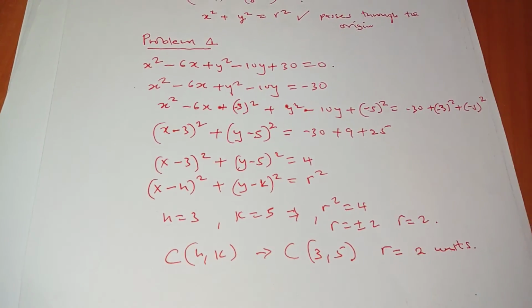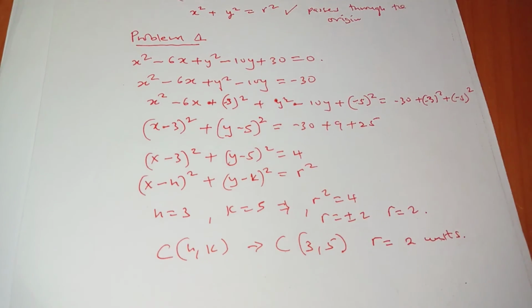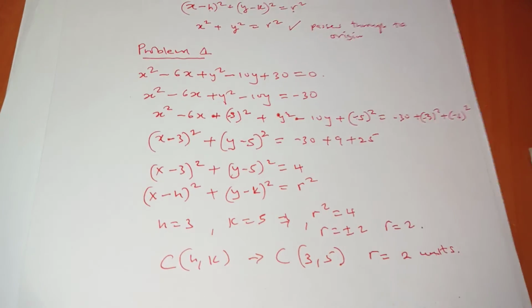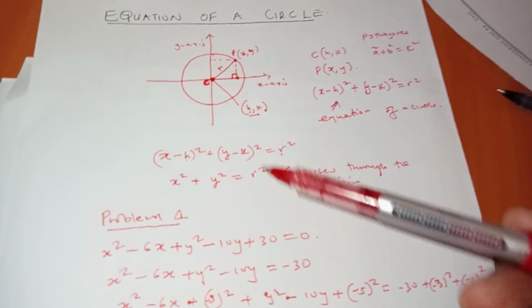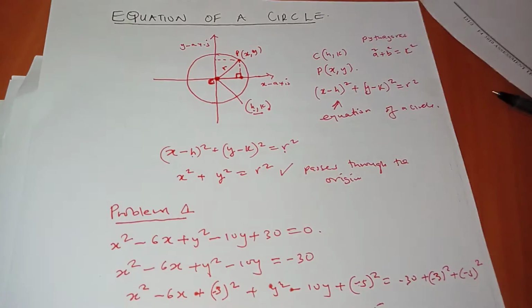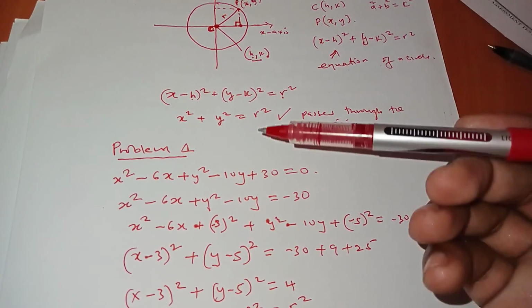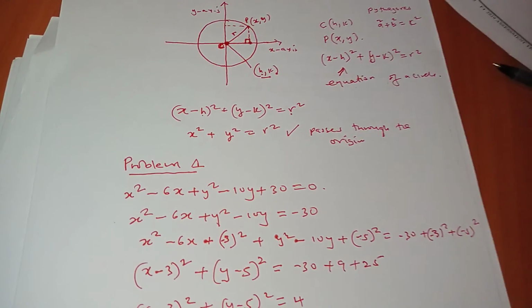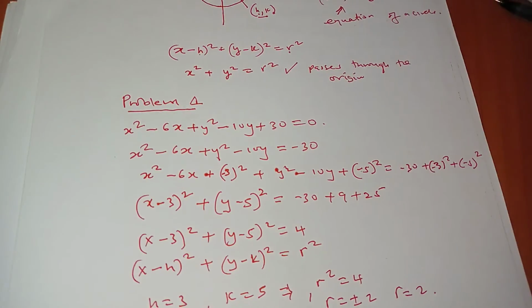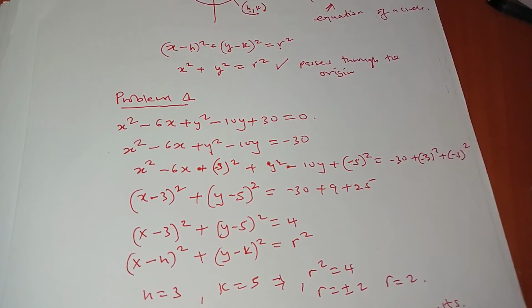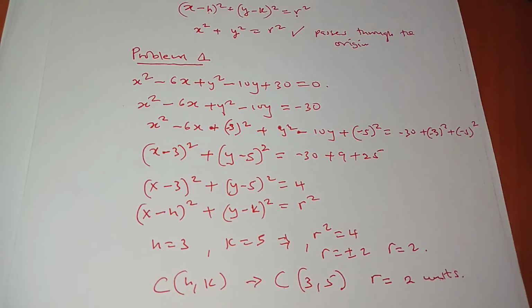So that's how it is done. The most important thing to note here is the standard equation of a circle, how it is written, and then from there you also complete the square. So the concept of the completing the square method in solving a quadratic equation comes in handy here.